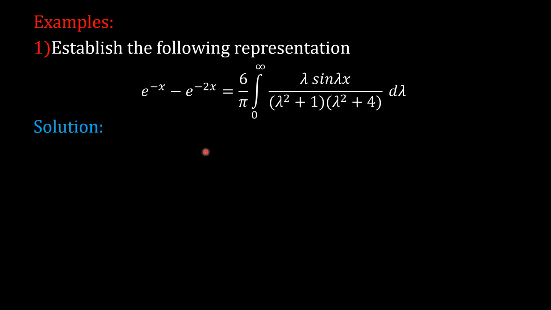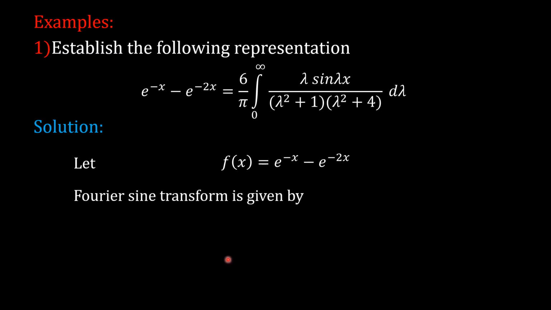Hence, we are going to evaluate the Fourier sine transform. First of all, we will call the left hand side function f of x. So let f of x is equal to e raised to minus x minus e raised to minus 2x.